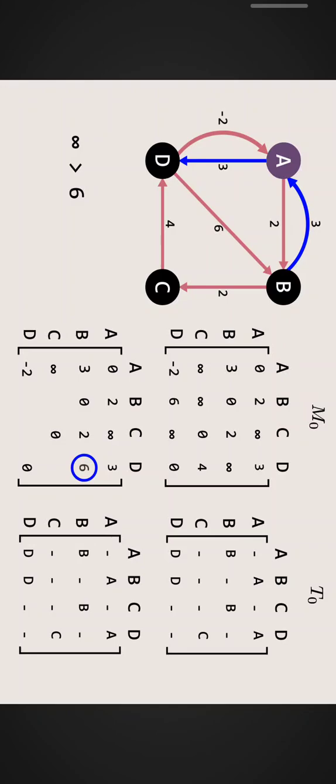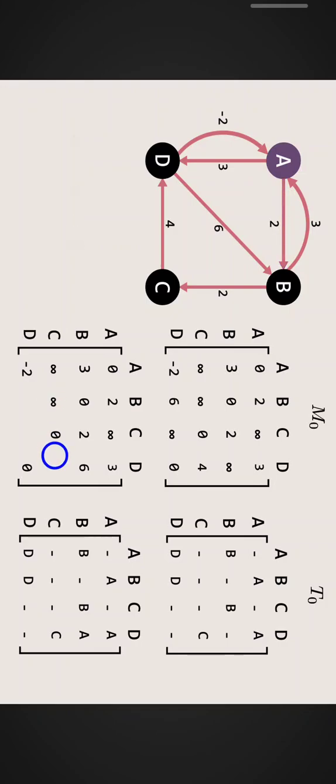Therefore, we update the cost to 6 and set the previous node to A, as the path to D goes through A. Next is the path between C and B. The current shortest cost to reach B from C is infinity, meaning there's no direct path. We'll check if a shorter path exists via node A. First, the path from C to A has a cost of infinity, meaning there's no path yet, and the path from A to B has a cost of 2. However, the total still remains infinity, so we won't update this one.